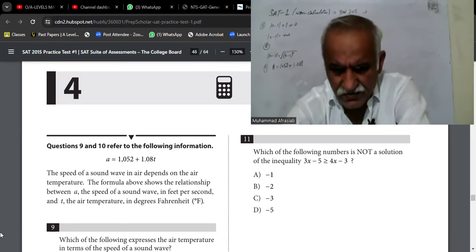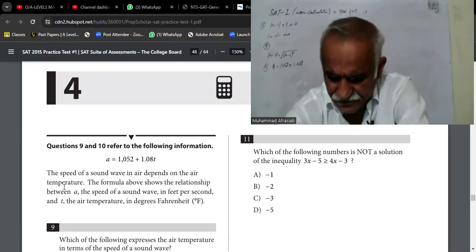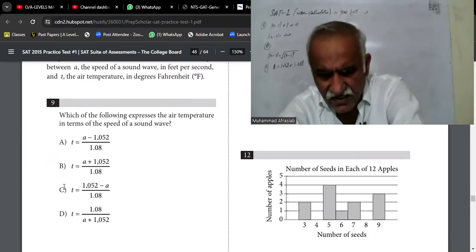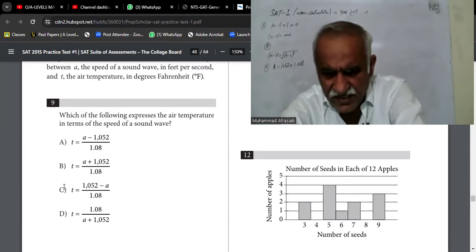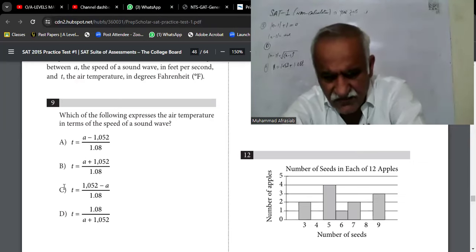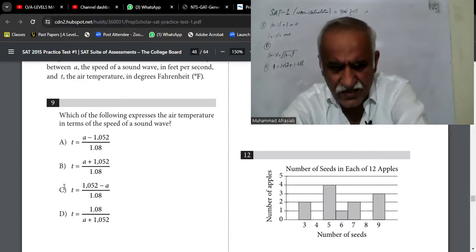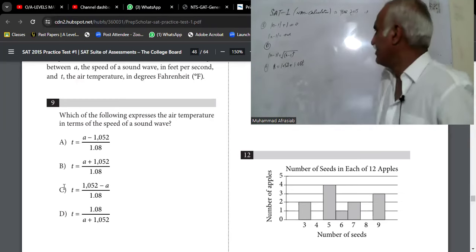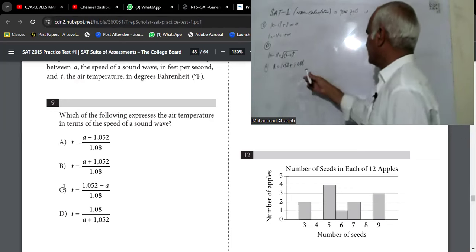Question number 9 now. What is the value of this expression for the air temperature in terms of the speed of the sound wave? So we know that the sound wave speed is denoted by A and the air temperature is denoted by T. So you have to make T the subject.